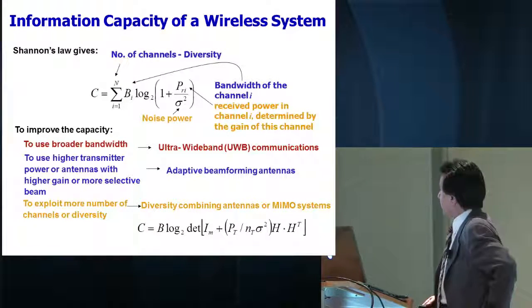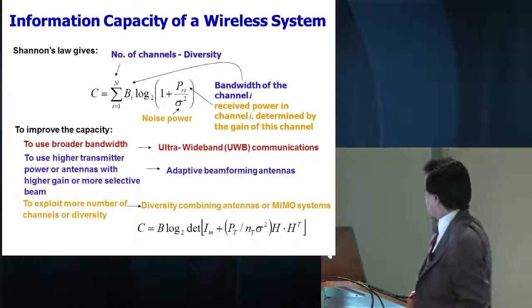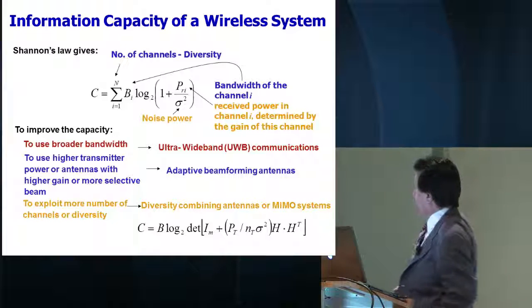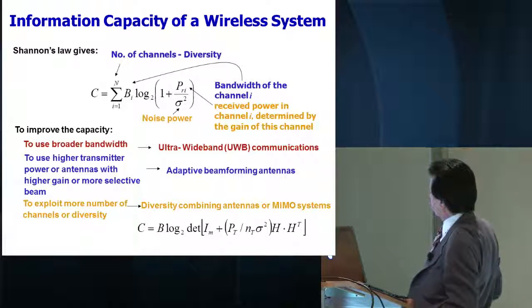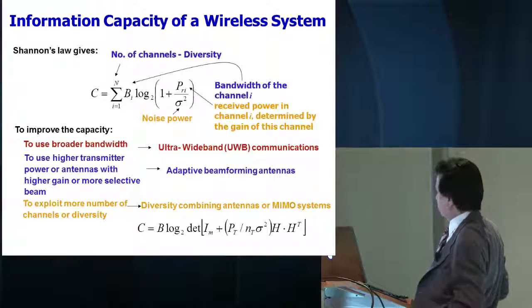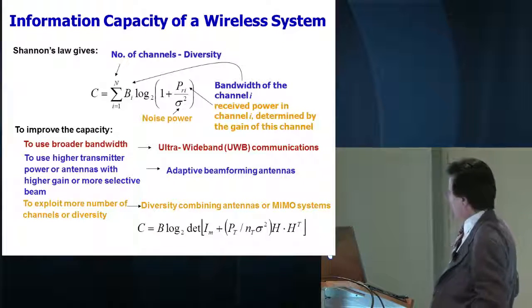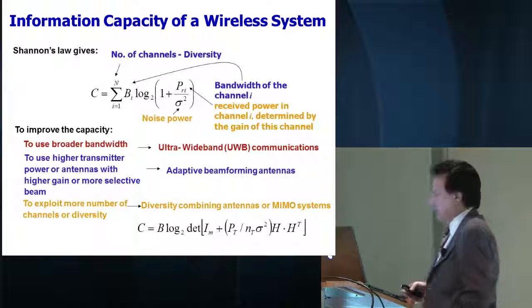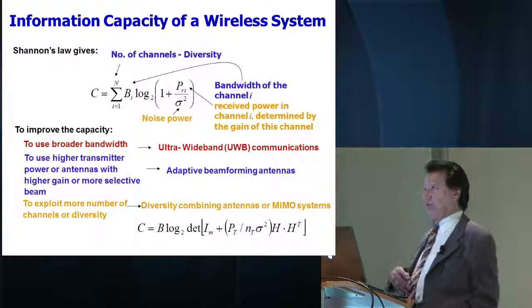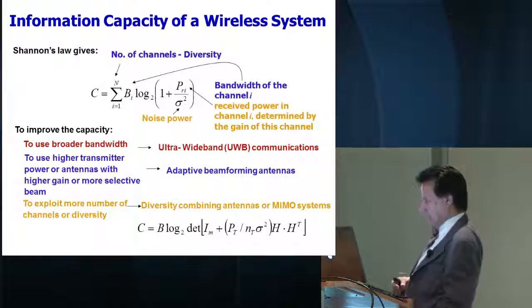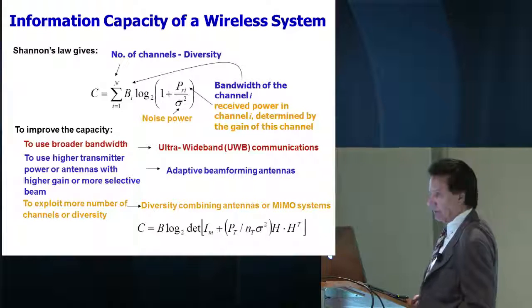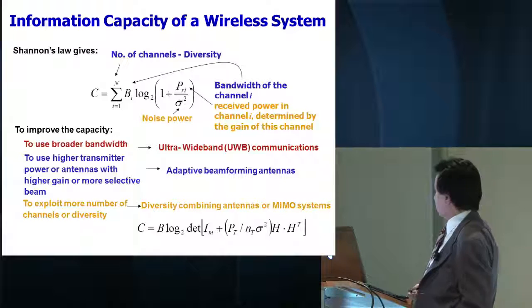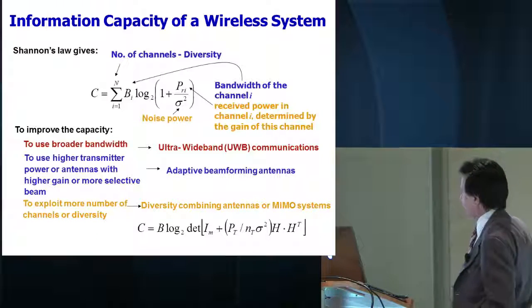And then when you look at the information capacity of a wireless system, again you go back to Shannon's law, and this is maybe the last equation. There are several items embedded here: number of channels, diversity, bandwidth of the channel, and so forth. So to improve the capacity, what can you do? If you just close your eyes and ask what can I do to improve the capacity, which is ultimately of interest, you can use a broader bandwidth if you can. That may push you towards ultra-wideband communications.